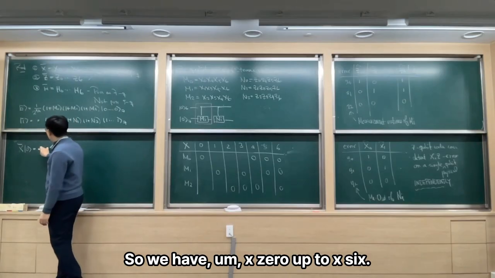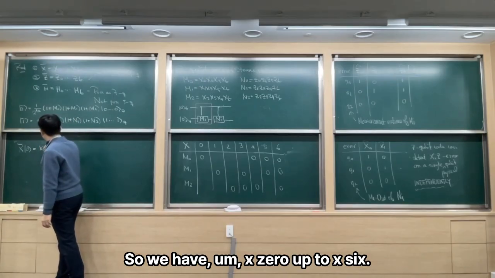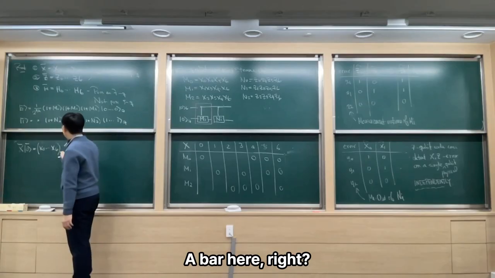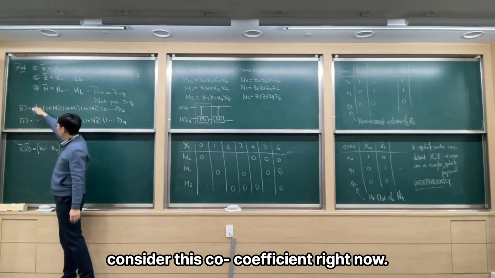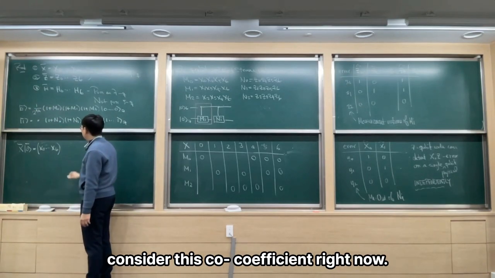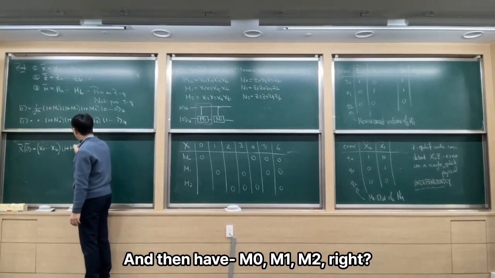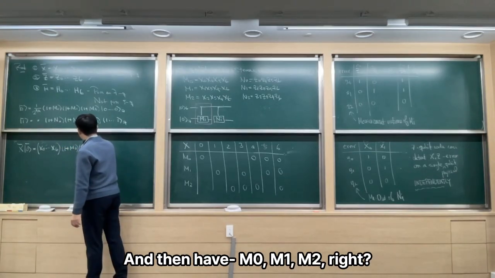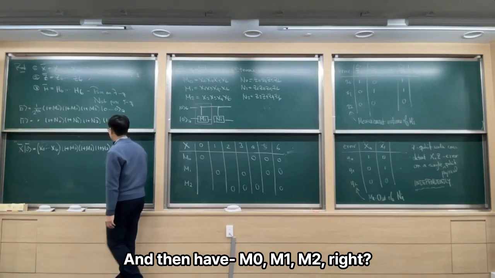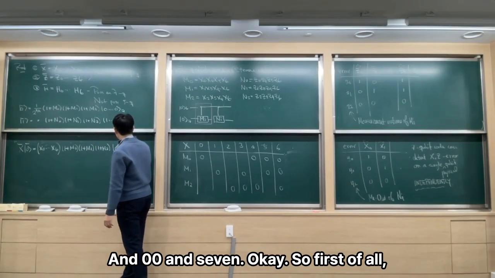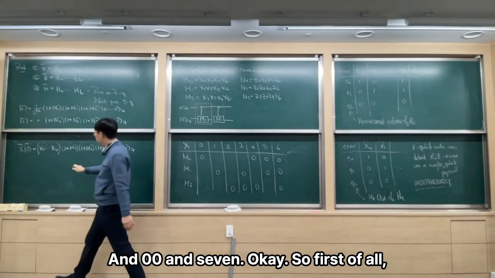So we have X0 up to X6, bar here, right? And then let's not consider this coefficient right now. And then have M0, M1, M2, right? And 0, 0, and 7, okay?